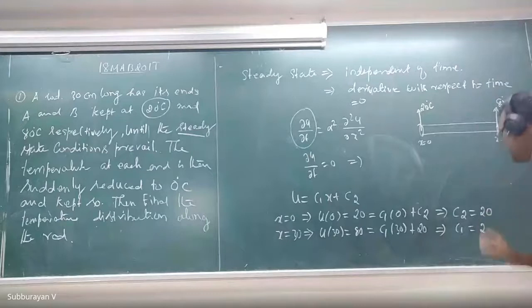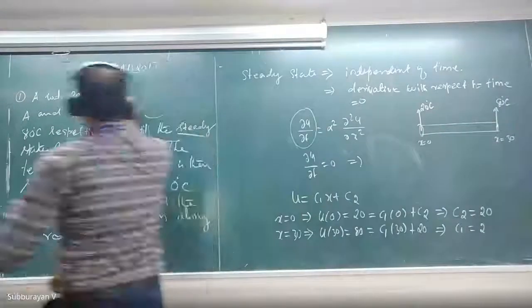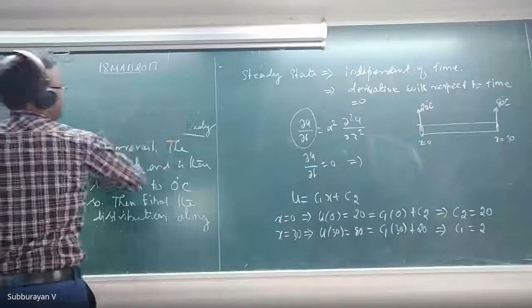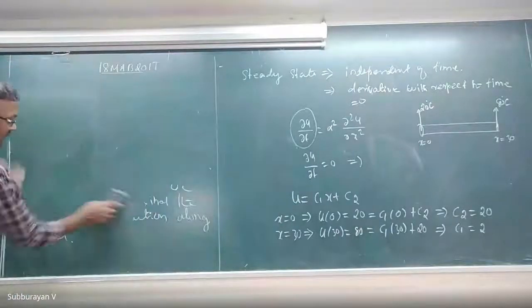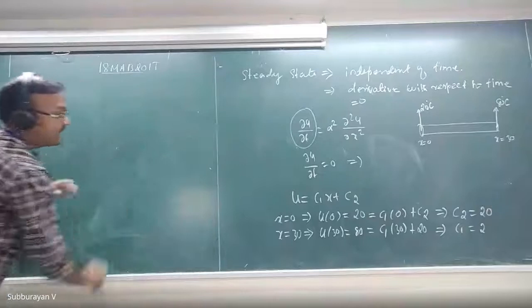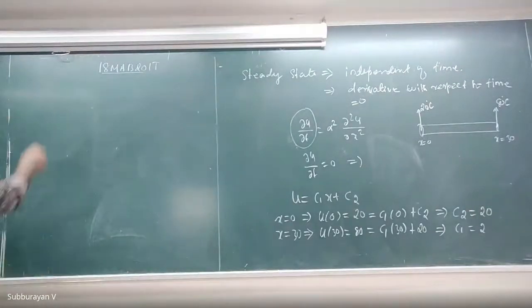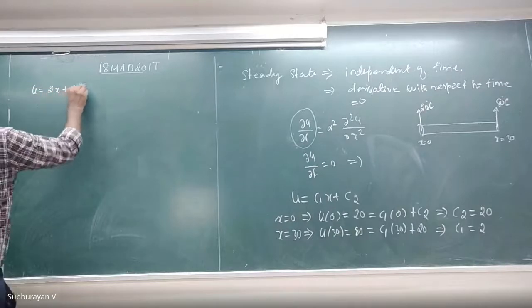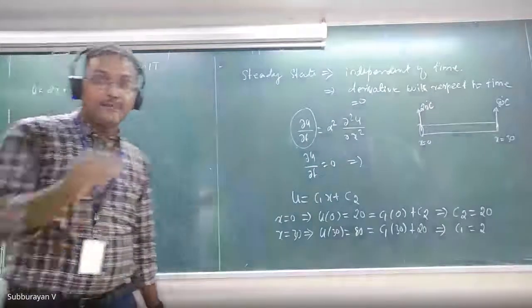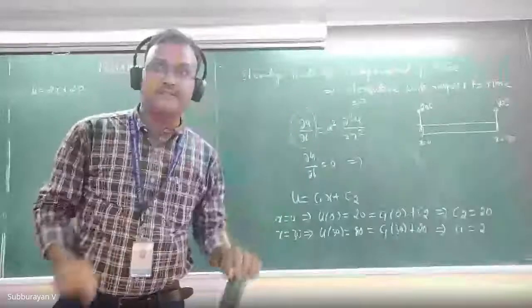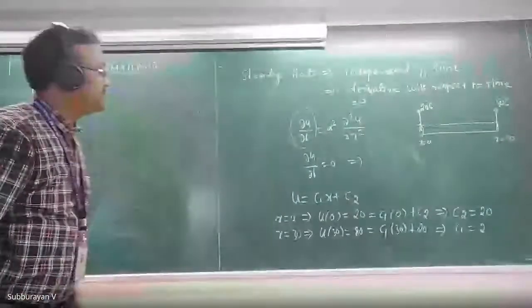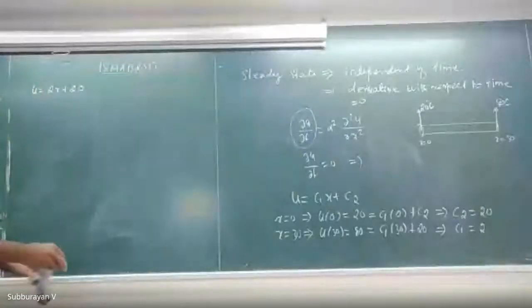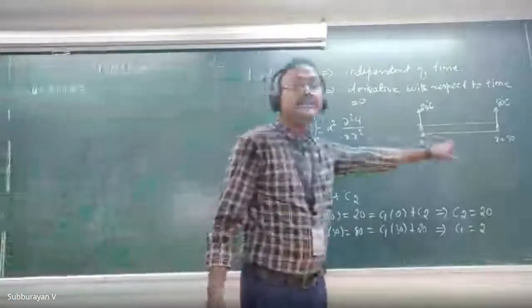Okay, C1 is 2. Thus the steady state temperature distribution along the rod, that is u, is equal to 2x plus 20. Now, this is the initial situation.